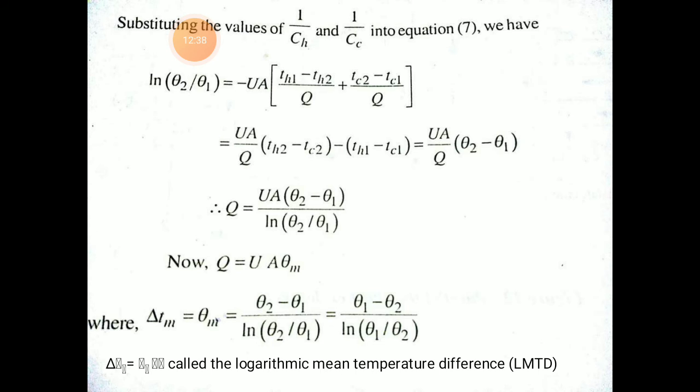Therefore Q is equal to UA (theta 2 minus theta 1) upon ln (theta 2 upon theta 1).